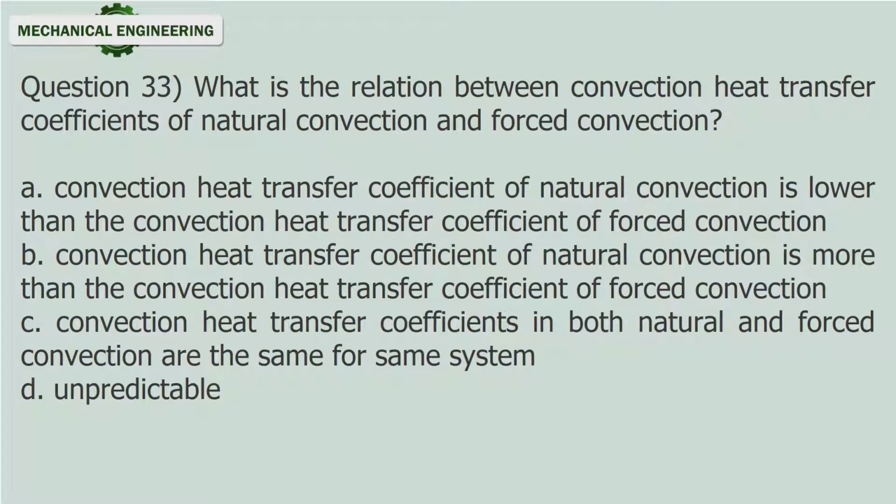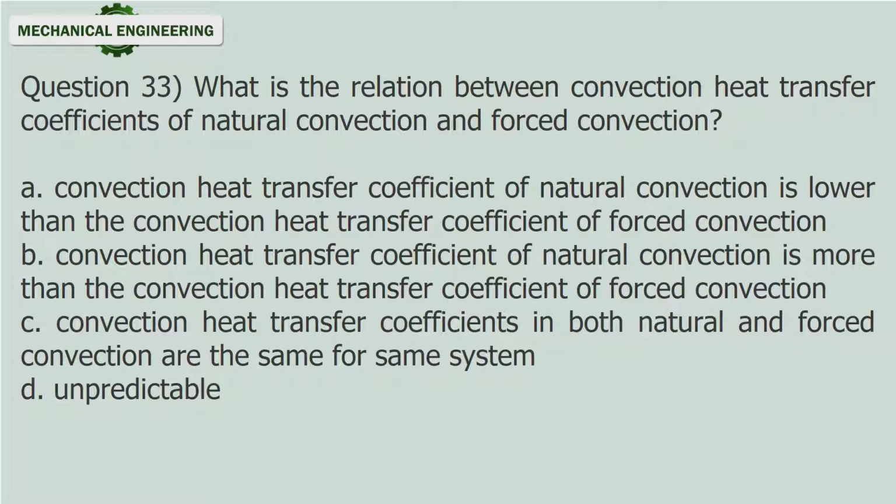Question 33. What is the relation between convection heat transfer coefficients of natural convection and forced convection? A. Convection heat transfer coefficient of natural convection is lower than that of forced convection. B. Convection heat transfer coefficient of natural convection is more than that of forced convection.